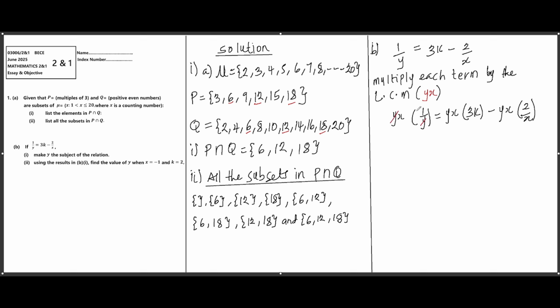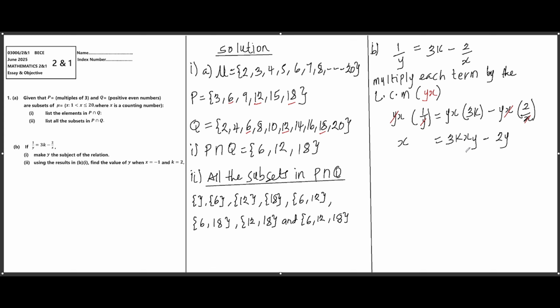We are left with x multiplied by 1, that is x, and this must be equal to yx multiplying 3k, so that is 3kxy, and then x will also cancel out, leaving y by 2, that is 2y, so minus 2y.